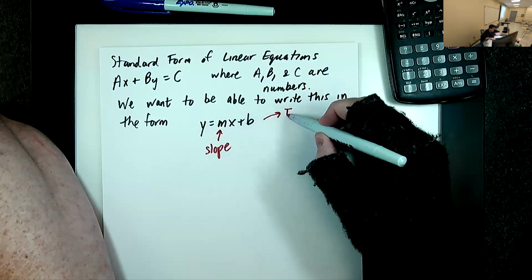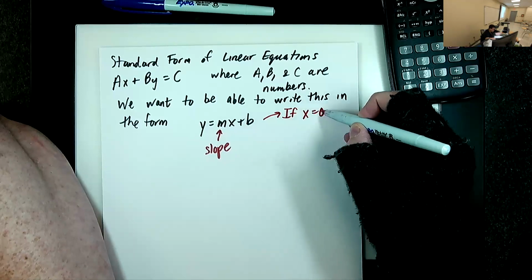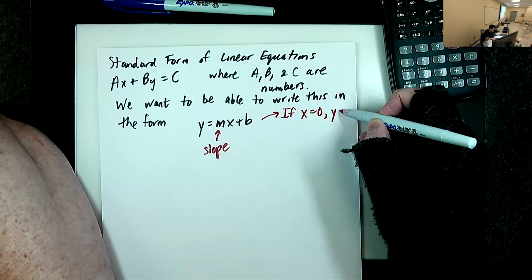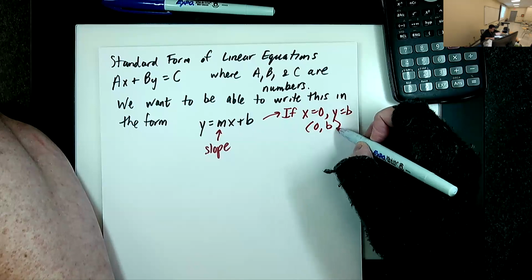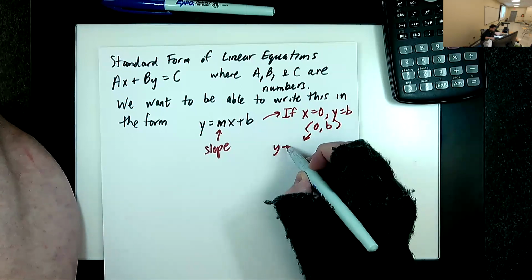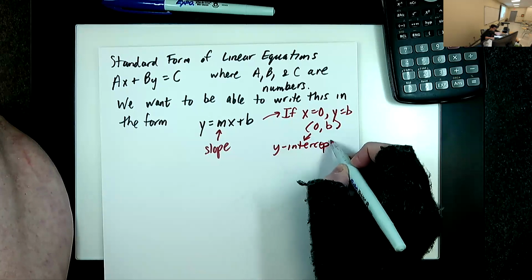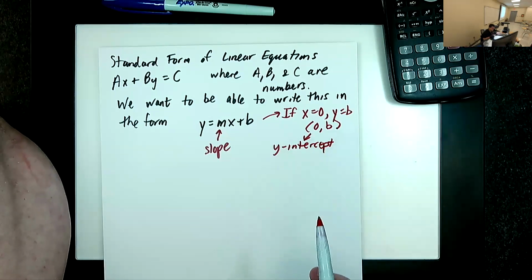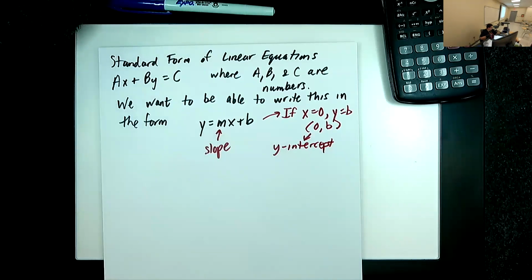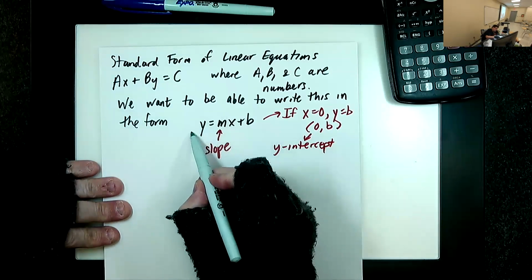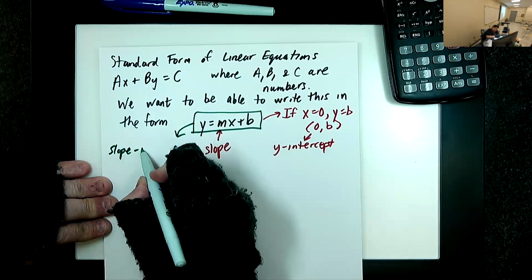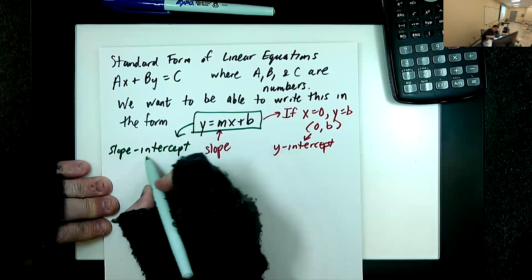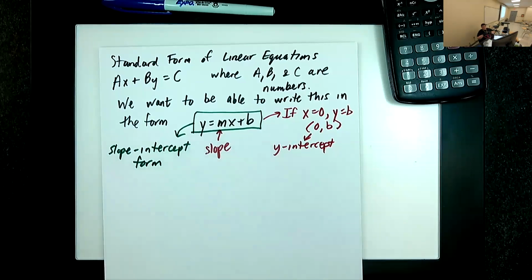And if you look at when x equals 0, this ends up saying y equals b. And we get the point (0, b), and that's the y-intercept. So y equals mx plus b is called the slope-intercept form. The name just tells you what you're getting.